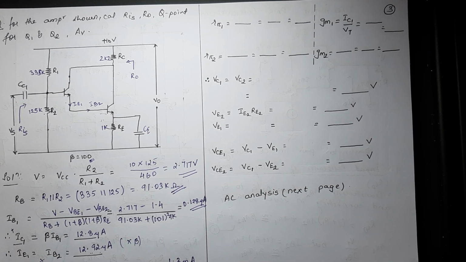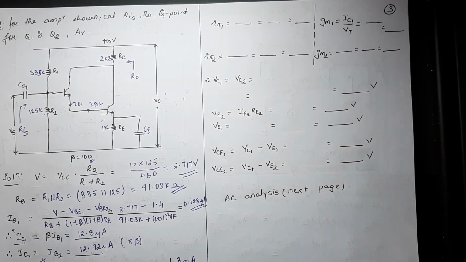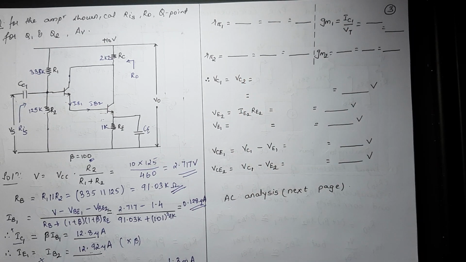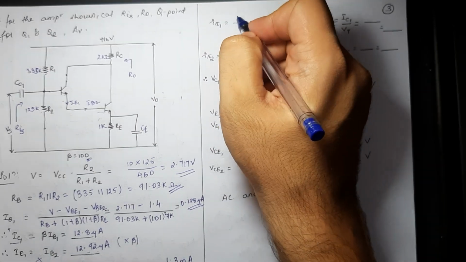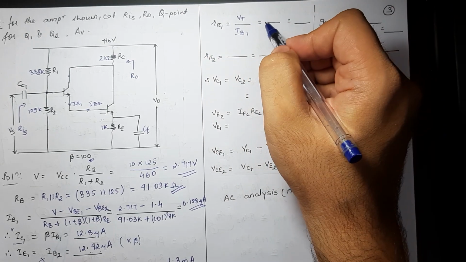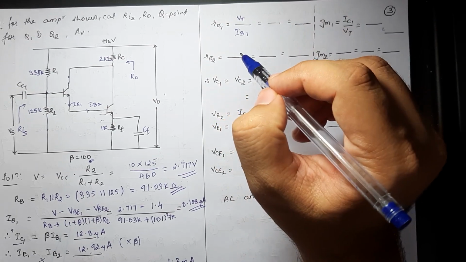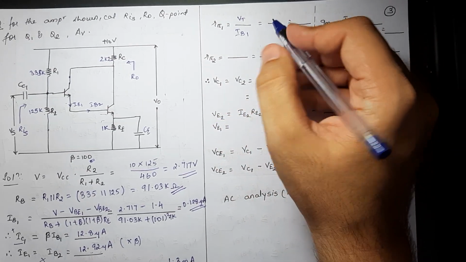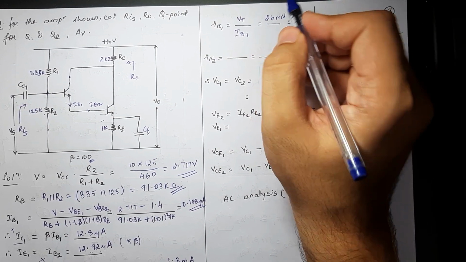Now over here we have Rpi1 and Rpi2. Generally the formula for Rpi is nothing but Vt upon Ib. Since it is Rpi1, we will be having Vt upon Ib1. The value of Vt is nothing but thermal voltage, which is given by 26 millivolt. To be precise, it is given as 25.8, but in order to be very much simple, we write it as 26 millivolt upon Ib1.